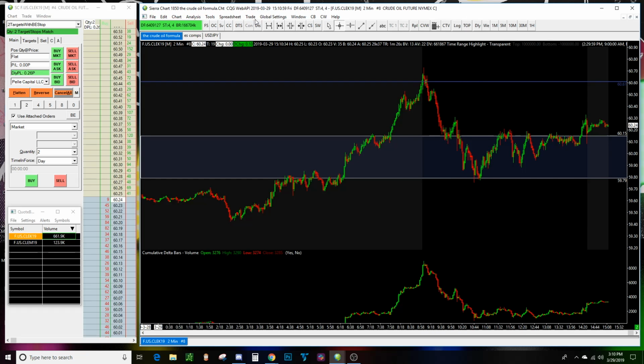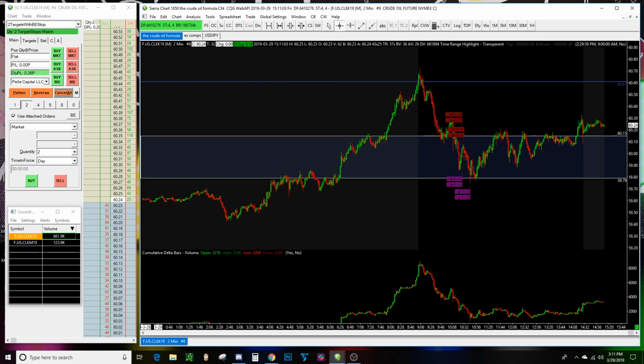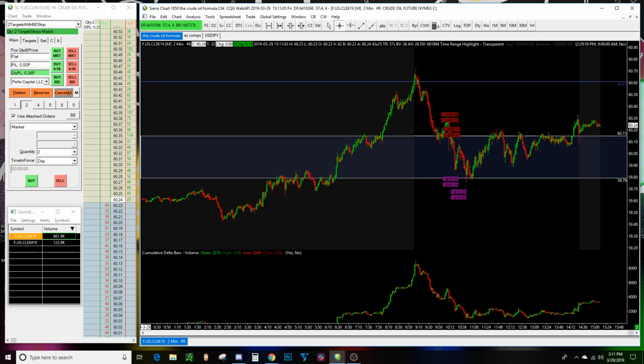And so how did I play this? Let's put on my trades. It was a very short-term scalp trade, short. When price came back into this value area, I simply had a target of the other side, 59.79.